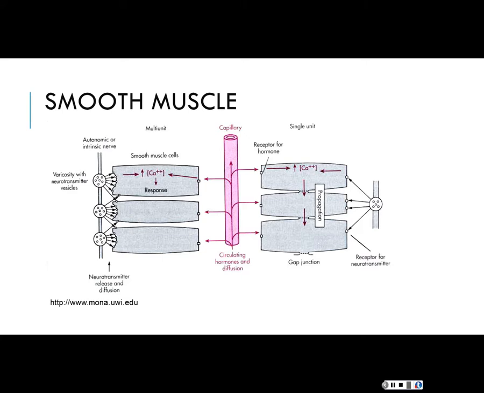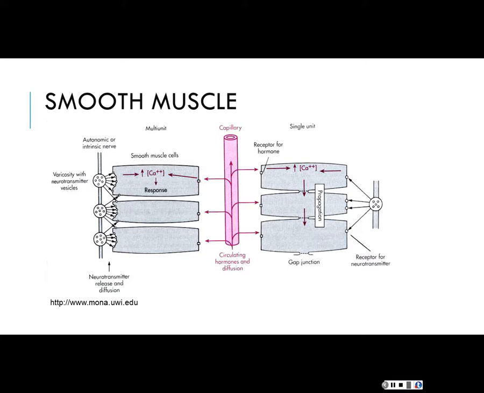If we look at the effects though, when the single unit cells get excited, all contractile cells that are connected are going to contract together, in uniform type, if you will. So if this one unit has 20 cells connected, all 20 cells will excite together and contract together.